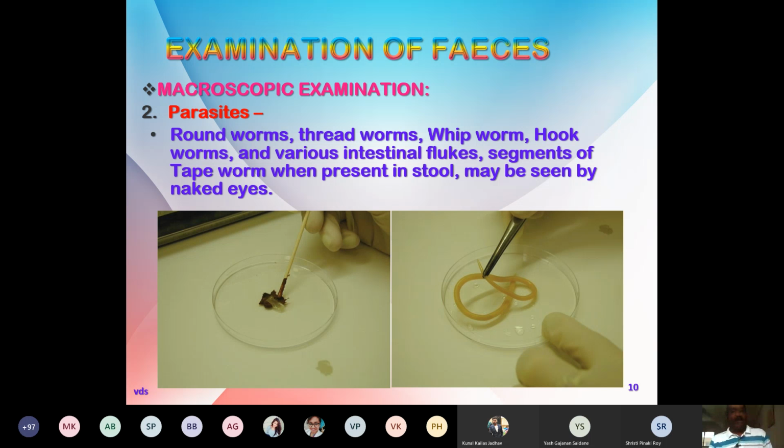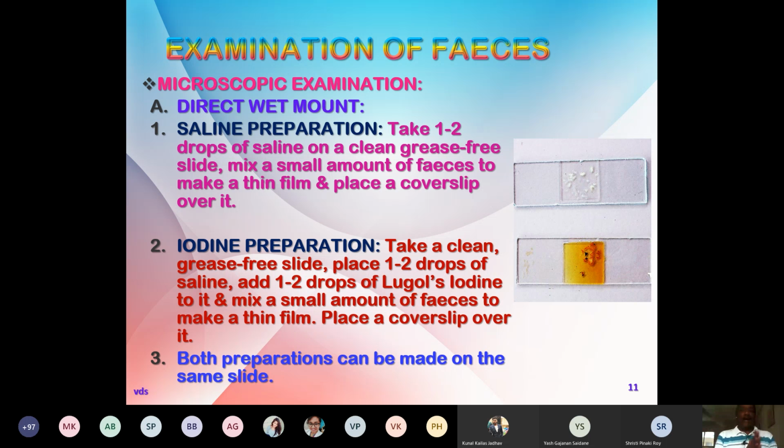Okay. Now, examination of the feces by microscope. As I've told you, this is the most important technique in parasitology for diagnosis of infection. The first important feature is the microscope. Secondly, the direct wet mount, saline preparation and iodine preparation.